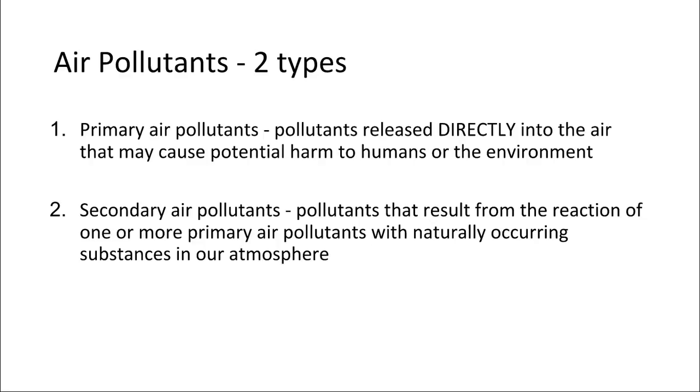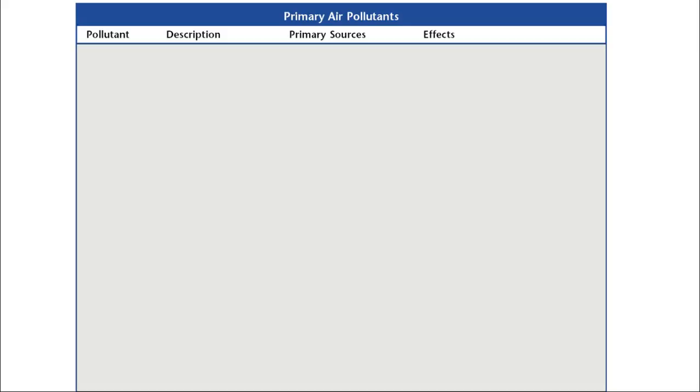It combines with oxygen and water in the air to form sulfuric acid, which is acid rain. And we'll talk about the secondary air pollutants of acid rain, smog, and ground level ozone. First, let's talk about the primary pollutants.